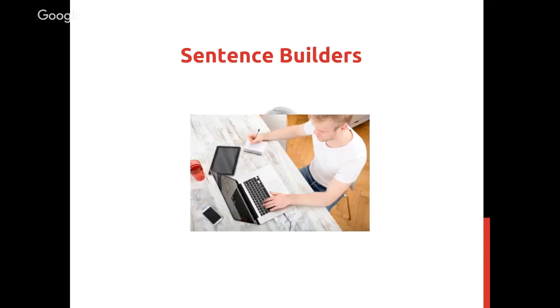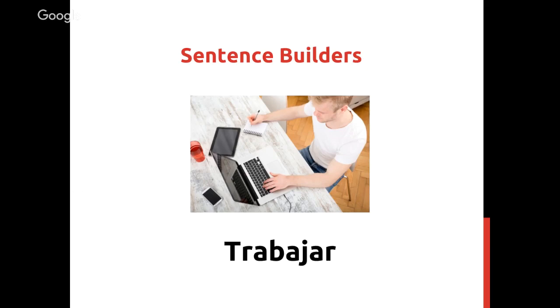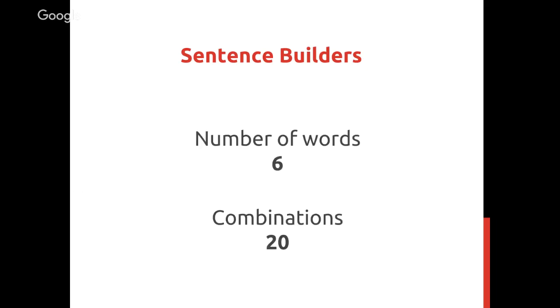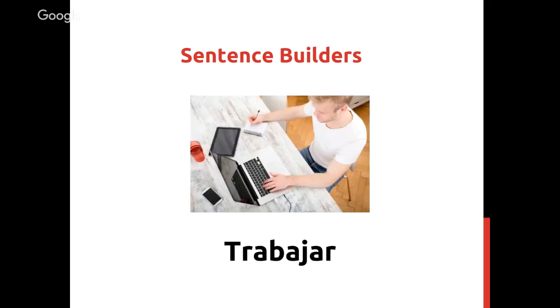Let's continue. What about this verb here? To work. To work in Spanish becomes trabajar. Okay? Trabajar. This J in Spanish becomes like a ha. Trabajar. Okay? Now, let's make a few drills. So how do you say I want to work?